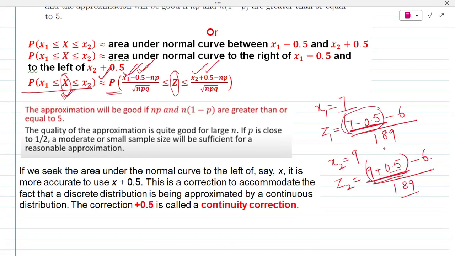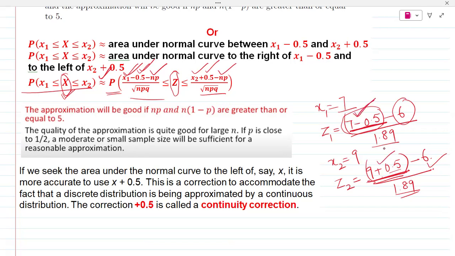I think this must be clear now. The rest is minus np, the mean 6, divided by the standard deviation, which was 1.89.